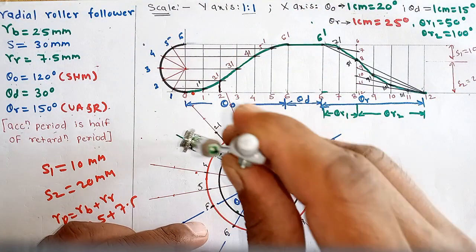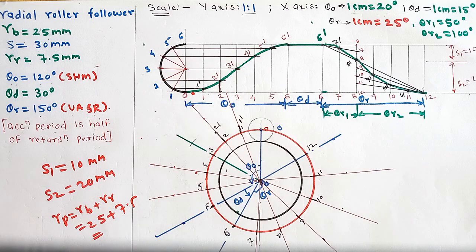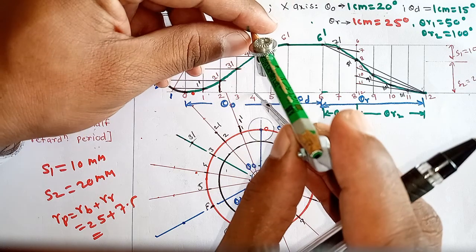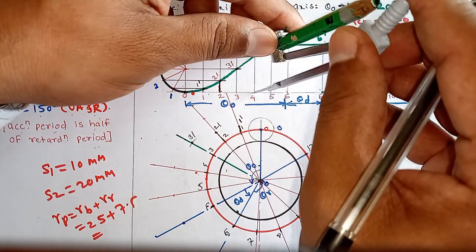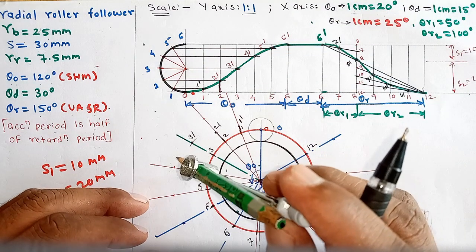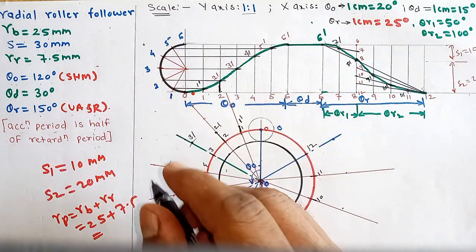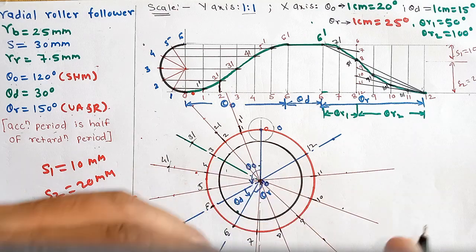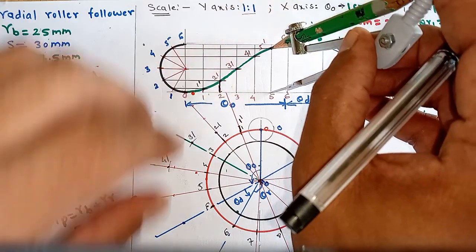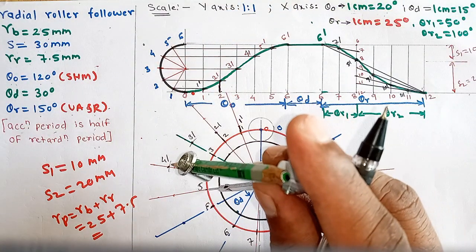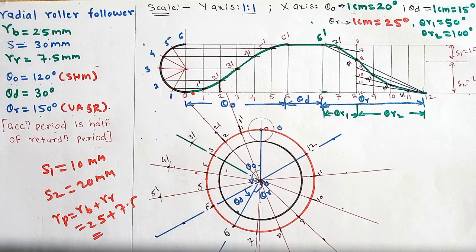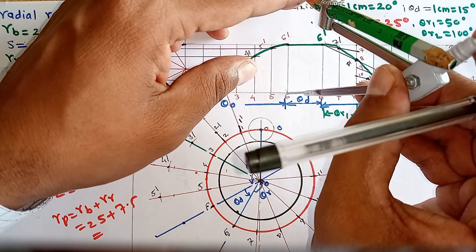I will plot it on instant number 3. We'll name this point 3 dash. Now at instant number 4 the displacement is this much. So we'll plot it here. At instant number 5 the displacement is this much. So this is 5 to 5 dash, and at instant number 6 it is 30 millimeters.